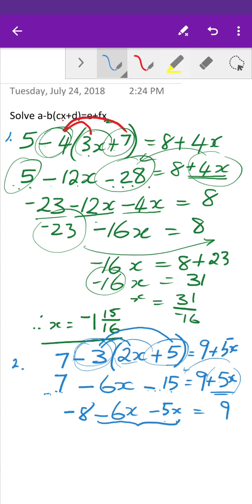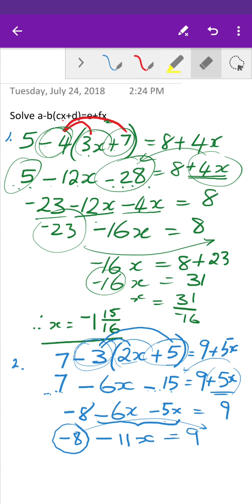Now once we add these two together, we've only got x appearing once. Negative 6x minus 5x is negative 11x. Our equation is getting simpler. We take the negative 8 over the other side to become a plus 8.